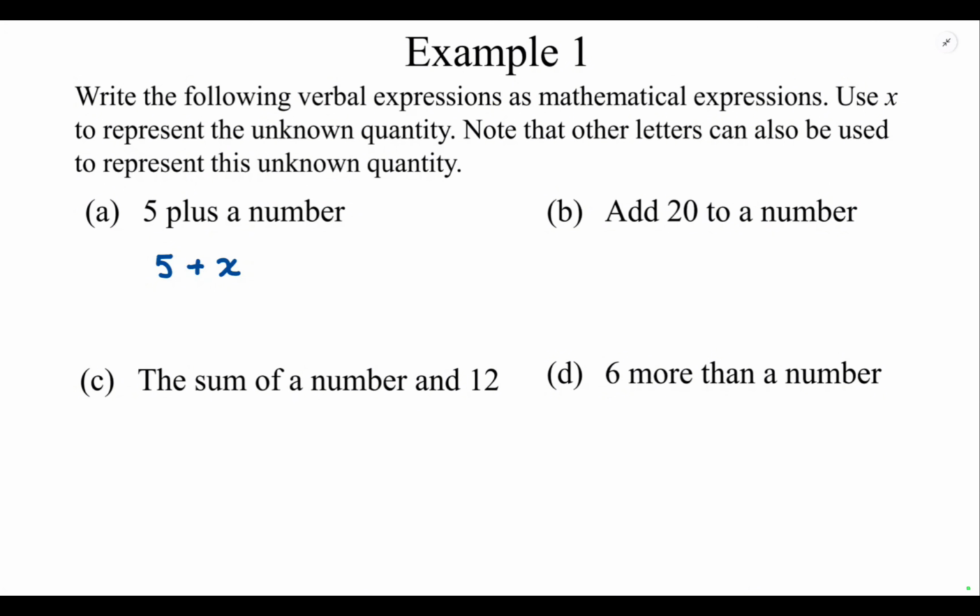When it says add 20 to a number, that means the unknown quantity comes first, and then you're adding 20 to it. So in this case, you would write it as X plus 20. The first one was what? 5 plus a number. This one is add 20 to a number.